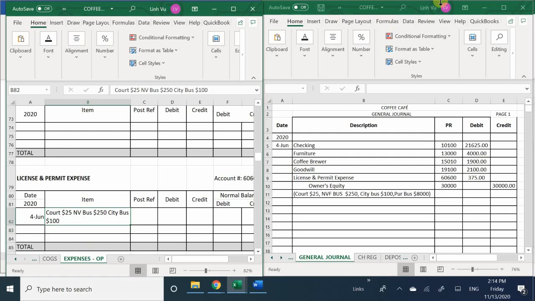This one I have automatically expand as I go through each item. If you prefer to have it look clean without so many gaps in between, you're more than welcome to adjust the cells. Post reference here is going to be general journal number 1. Because it's an expense, I expensed it for $375. Therefore, my balance is going to be $375.